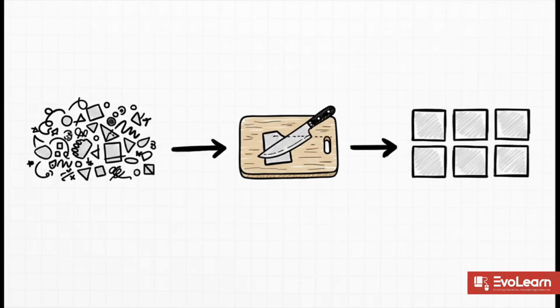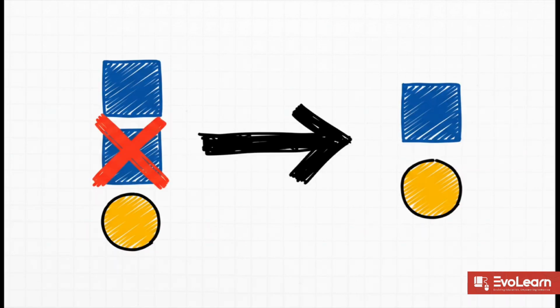Now, once the data is in, that's when the real work begins. It's called transformation. And I absolutely love this analogy. It's like kitchen prep for your data. You can't just throw raw ingredients in a pan. You've got to wash, chop, and organize them first. So what does this prep look like? Well, for one, you can get rid of all those annoying duplicate entries that can totally throw off your numbers.